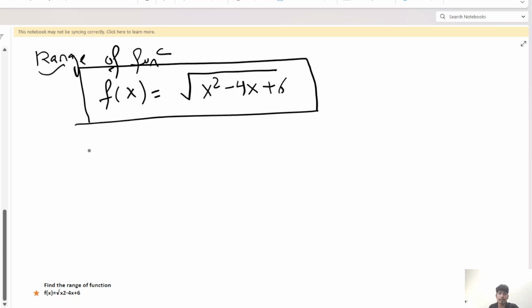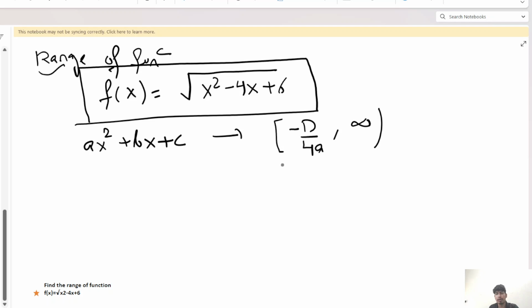We know that for a function of type ax square plus bx plus c, the range is minus D by 4a to infinity. So we first find the range of x square minus 4x plus 6.